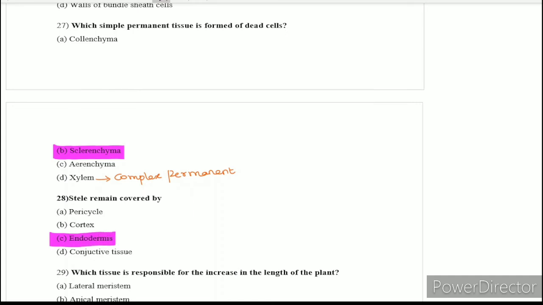The layers next to endodermis are called the stele. So it is covered by endodermis. Okay. Next question. That is the 29th question.